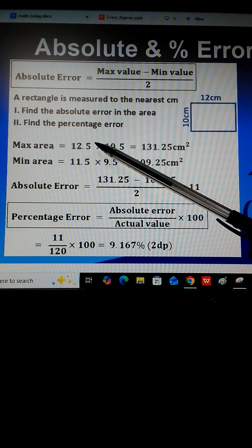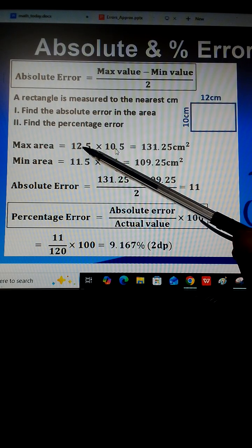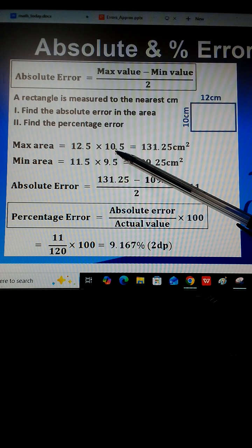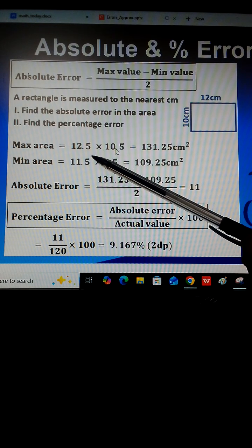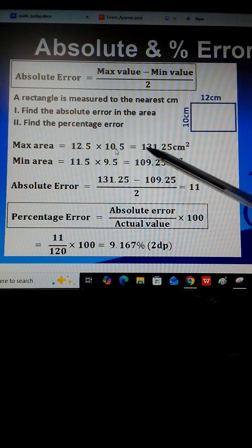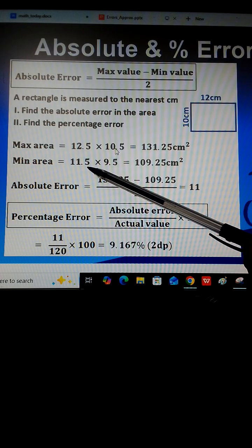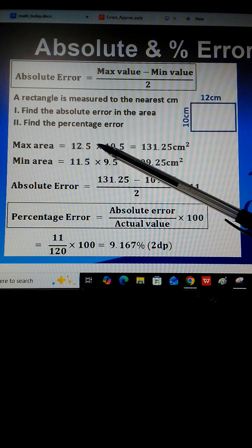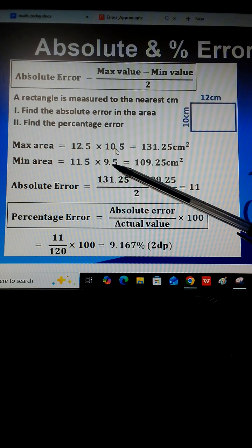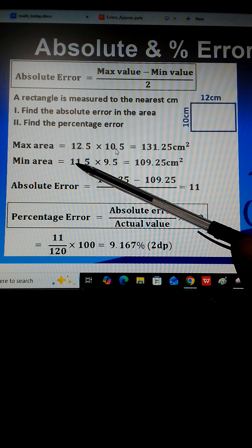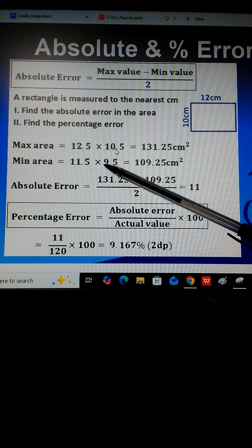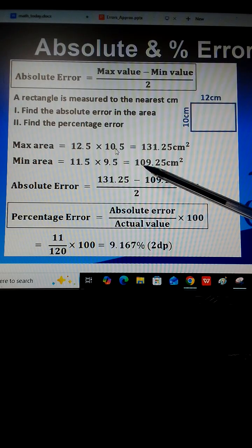To get the maximum area, you multiply the maximum length by the maximum width, which is 12.5 times 10.5, and you get 131.25 square centimeters. To get the minimum area, you multiply the minimum length, 11.5, by the minimum width, 9.5, and you get 109.25 square centimeters.